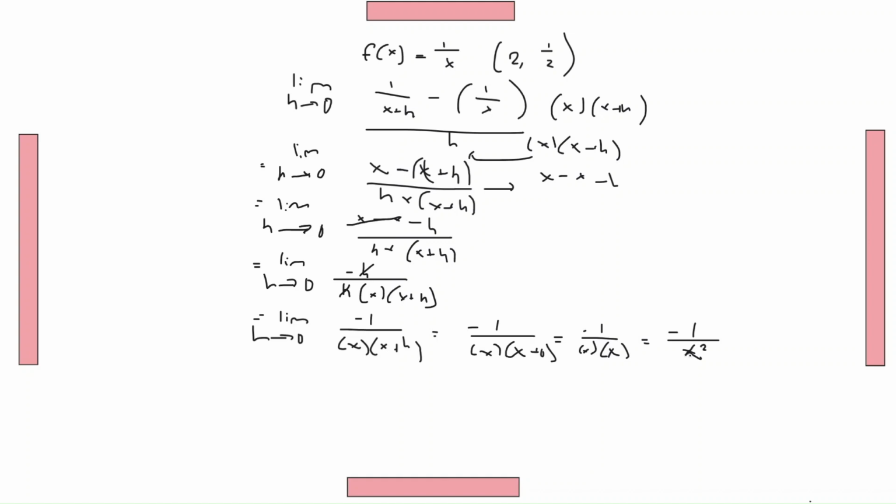So the answer to this, I apologize, that's a terrible x squared, is going to be -1 over x squared, and that ends up being the slope of our tangent line. So this is our derivative answer.